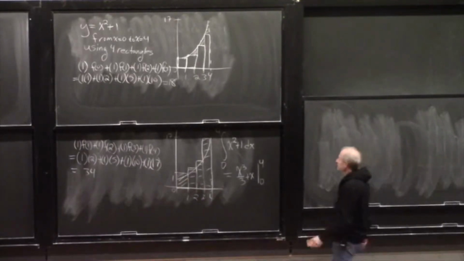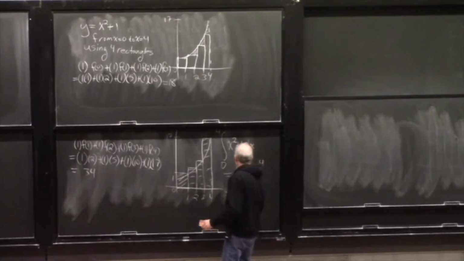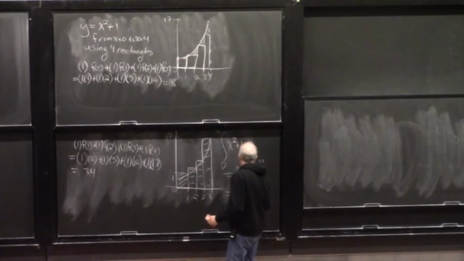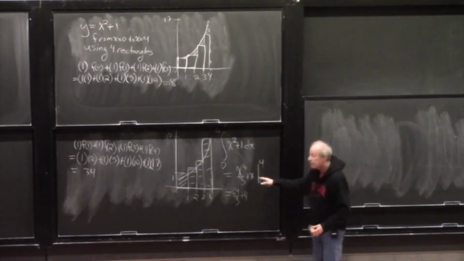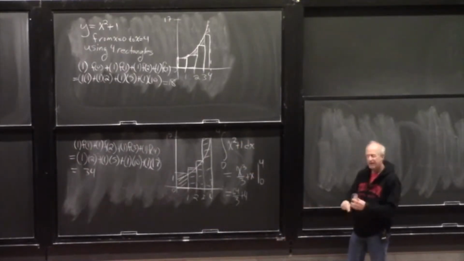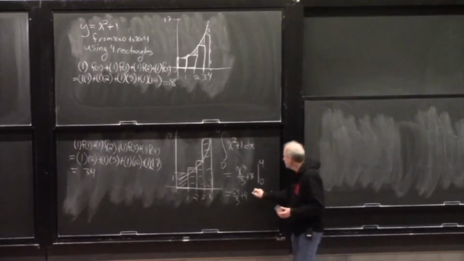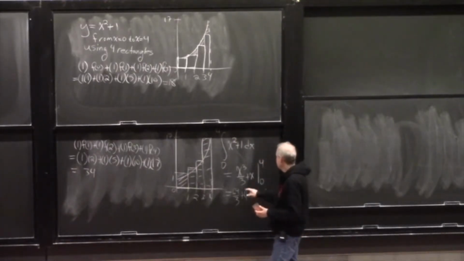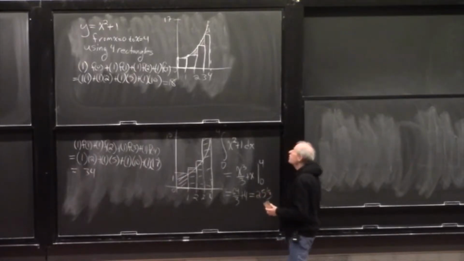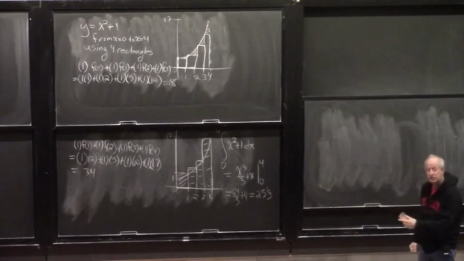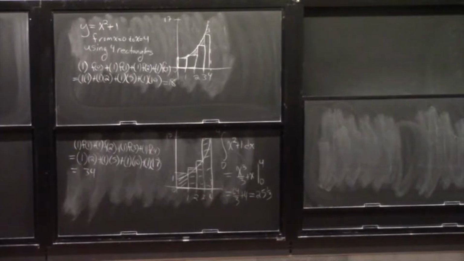That's, let's see, 64 over 3 plus 4. And then remember you plug in 0 and you subtract. So we're doing like 3 concepts at once. So this is 25 and a third. So halfway between 18 and 34 was 26. That's a pretty good guess.